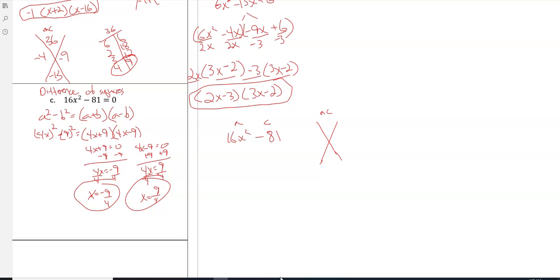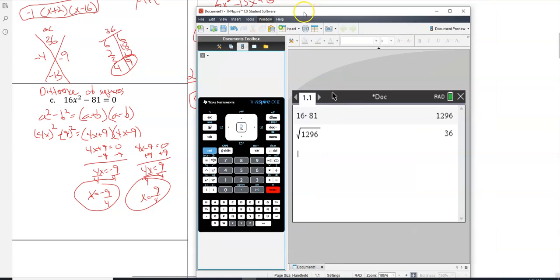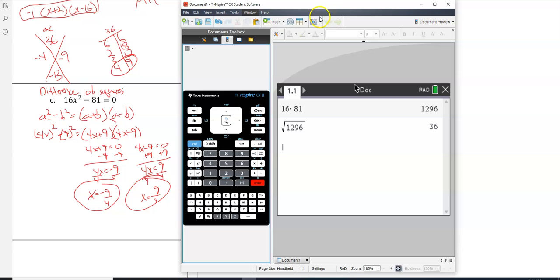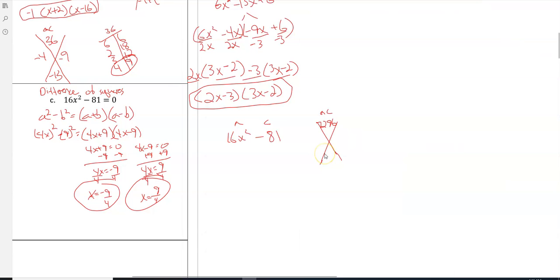You get a times c is 16 times -81. So you're going to end up with big numbers here, but you have a calculator. 16 times 81 is 1296, -1296. And if I do the square root of 1296, I'll notice it's 36 in a calculator. So it would be 36 and -36. 36 times -36 is -1296.